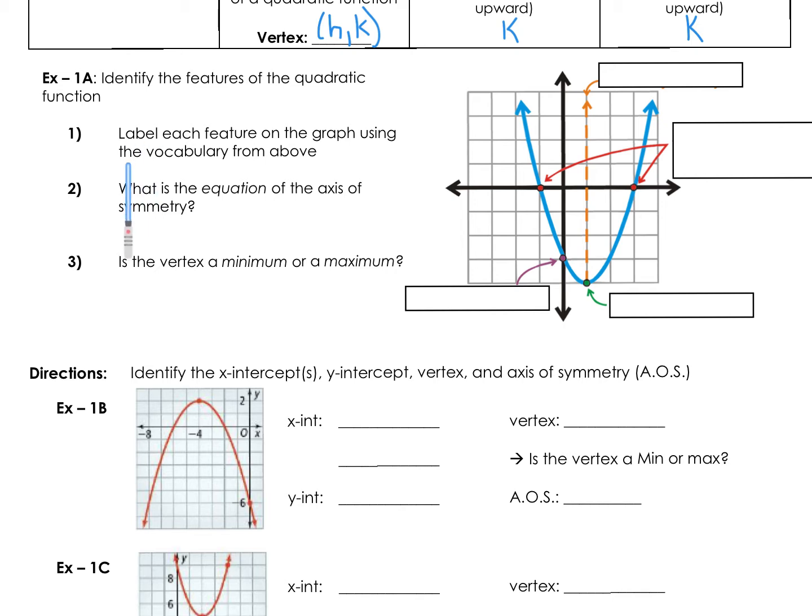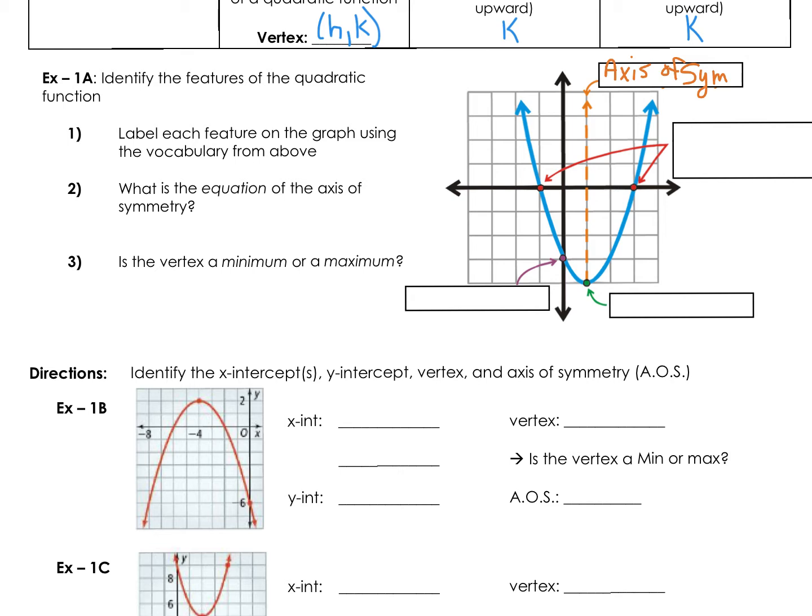All right, so hopefully you completed this, but you are to label each feature on the graph using the vocabulary from above. So this first thing right here, remember, is your axis of symmetry. I'm just going to abbreviate it, axis of symmetry.